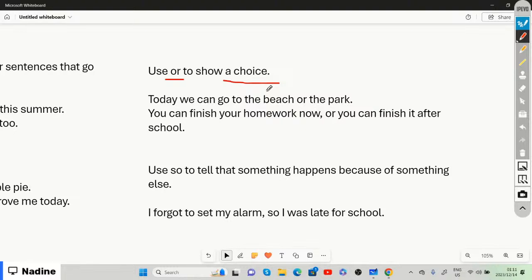You can finish your homework now or you can finish it later after school. There we have another example, where we also have a choice by using the coordinating conjunction or.